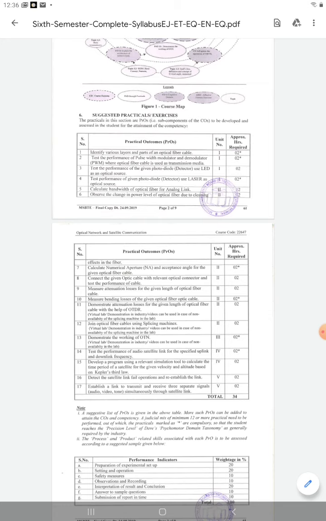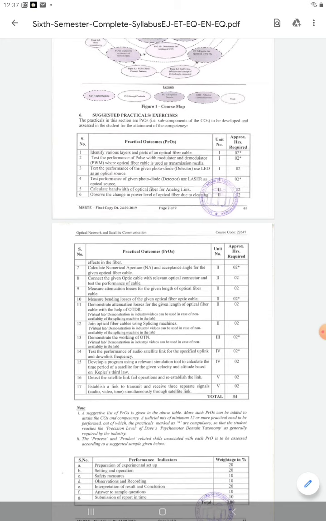In the seventh experiment, we have to calculate the numerical aperture and acceptance angle for a given optical fiber.